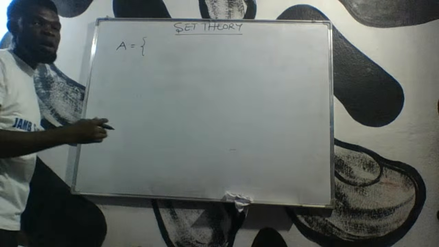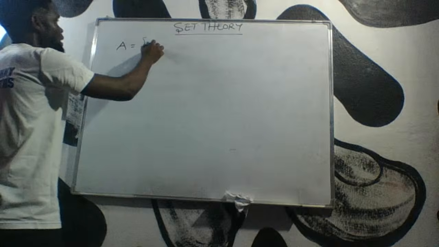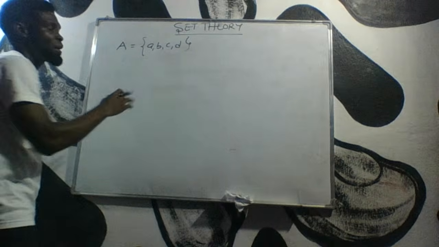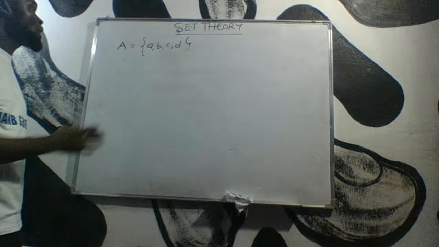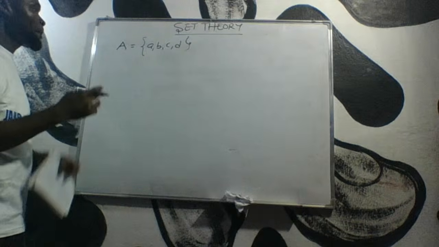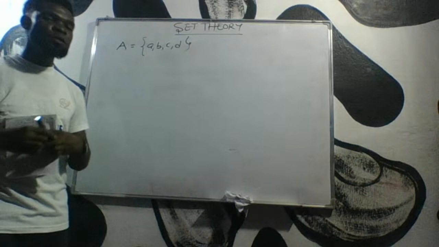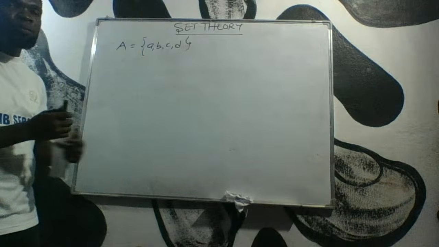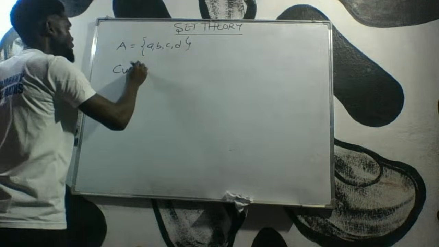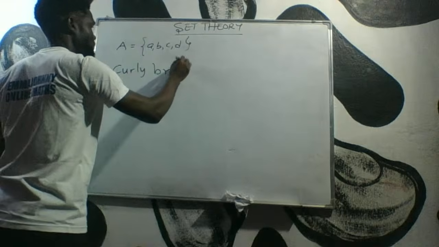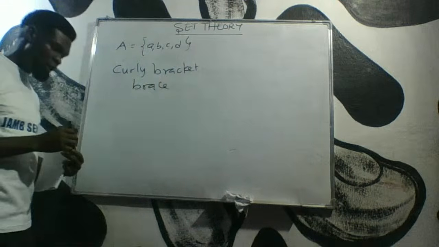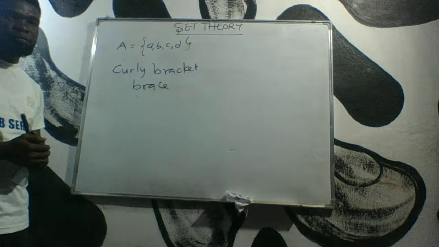And the elements of the set are always in small letters, say a, b, c, d. And each of them is separated by a comma. So that is what a set is. Please note that a set is enclosed by a curly bracket. If you don't call it a curly bracket, you call it a brace. So that is the bracket that is used for sets.